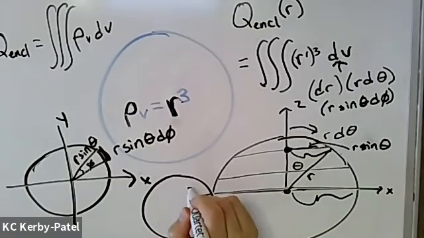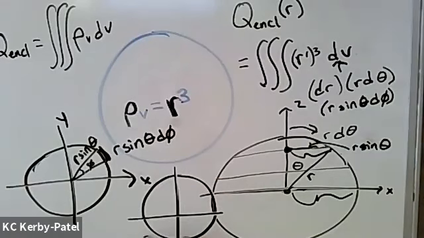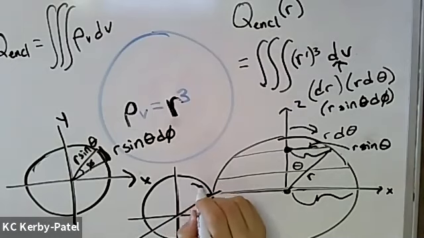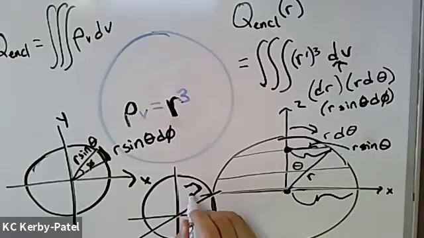So I took my sphere and tried to actually make it 3D. Here's my coordinate system. At a particular point here, these sides are going along theta. These sides that are more horizontal looking are going along phi. And then I have to give it volume by going along r as well.